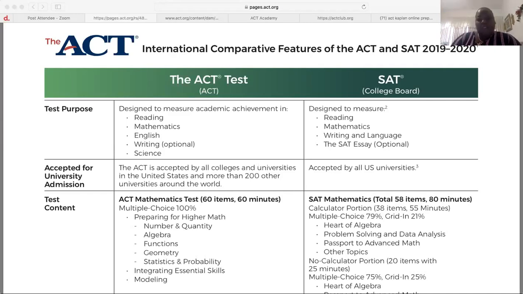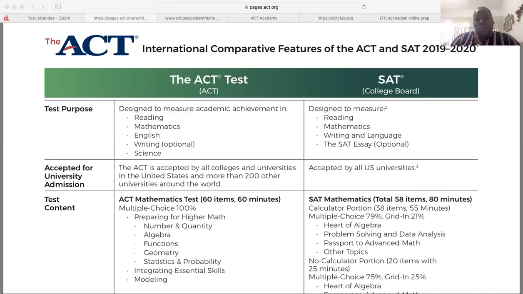As far as university admissions, both the ACT and SAT are accepted by all colleges and universities in the United States, but the ACT is also accepted in more than 200 universities around the world. So it's not just specific to colleges and universities in the US.